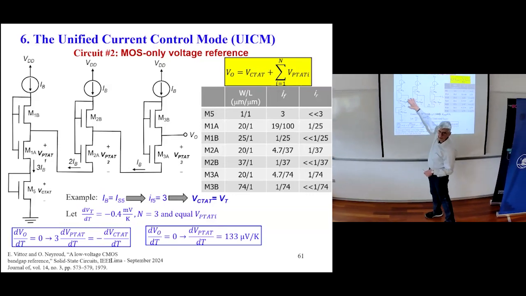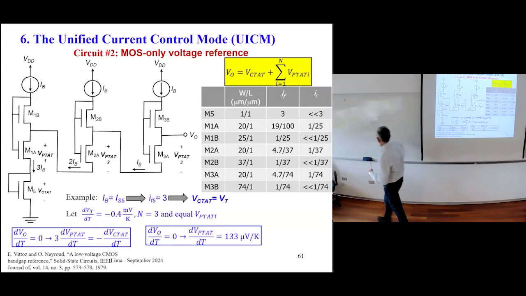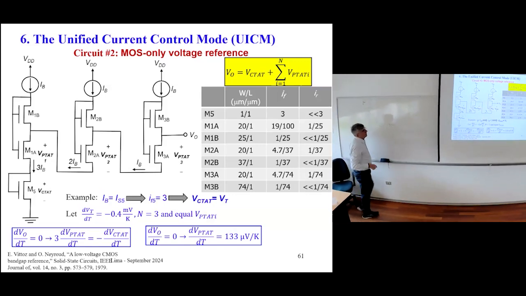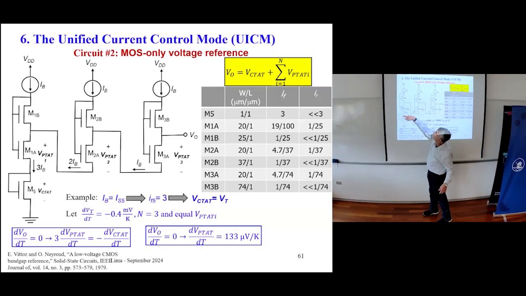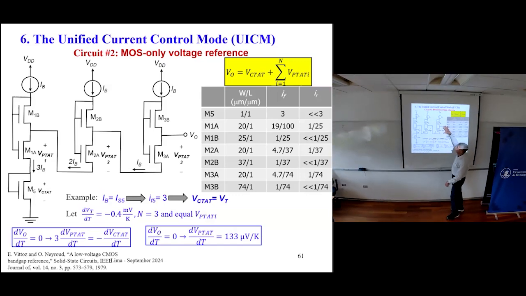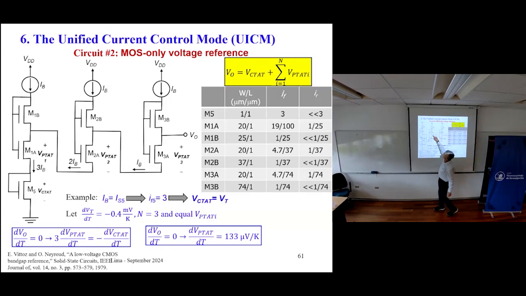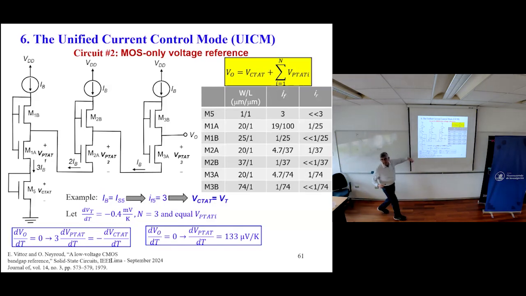I have three equal voltages here, okay? And you see from Kirchhoff's law that the voltage at the output equals this one plus this one plus this one plus this one. So the voltage at the output, which I call Vref, is V, which I call CTAT. CTAT is complementary to absolute temperature. It decreases with temperature.